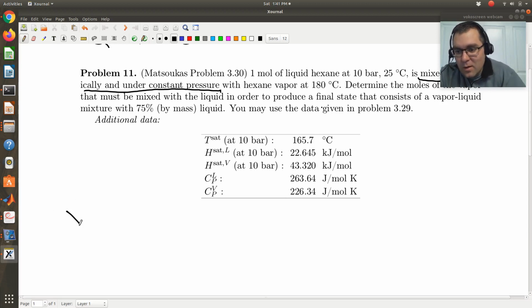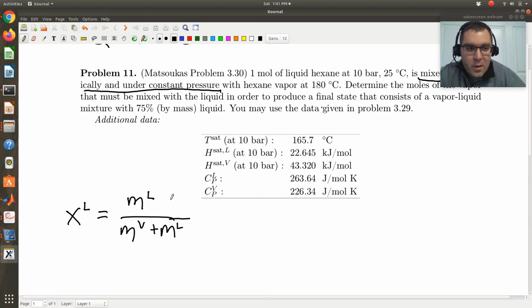Because if I have, let's call it XL, the fraction that's liquid, that would correspond to the mass of my liquid divided by the mass vapor plus mass liquid, the total mass. Now, how do you convert from moles to mass? The conversion factor is just molecular weight.